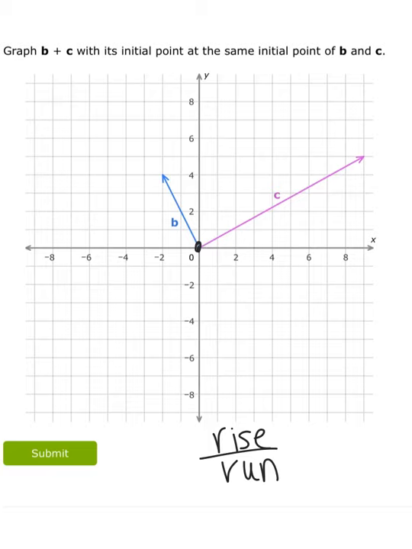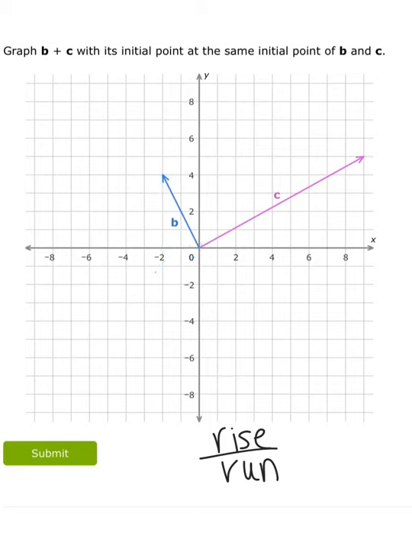So I can tell that vector B goes down 4 and over 2. Remember, you could just draw a stair step, like a staircase, to show the rise over run. And then I'm going to create the same slope over here on this opposite side. So let me go ahead and erase these extra markings.